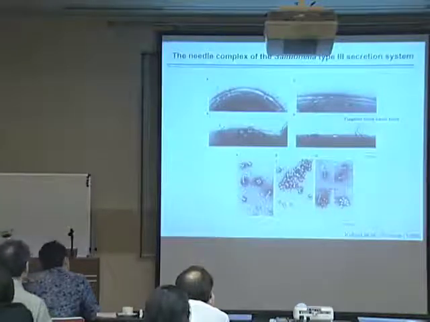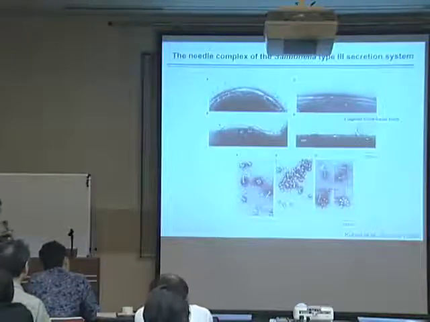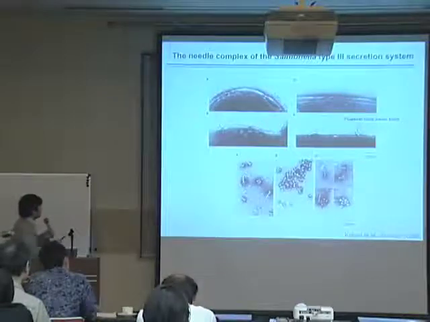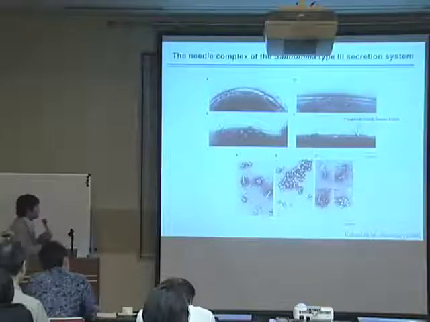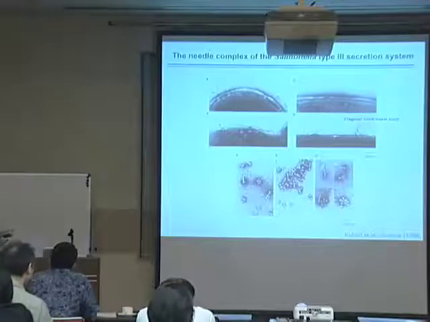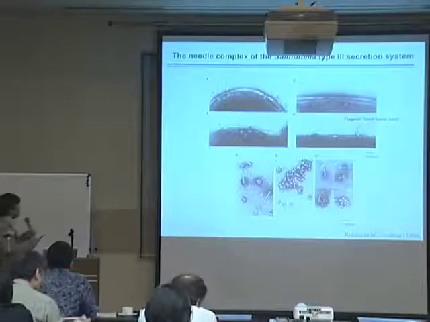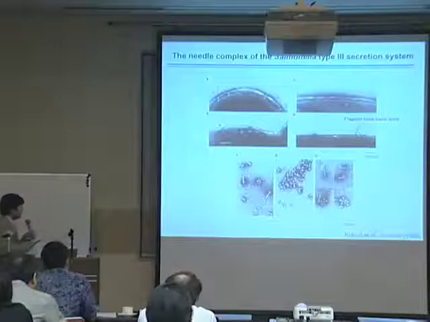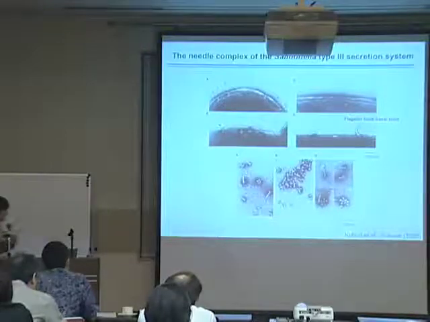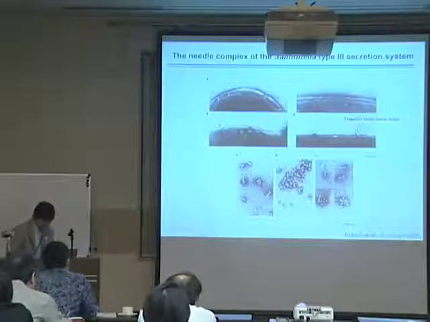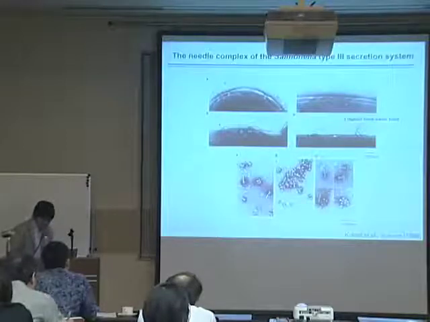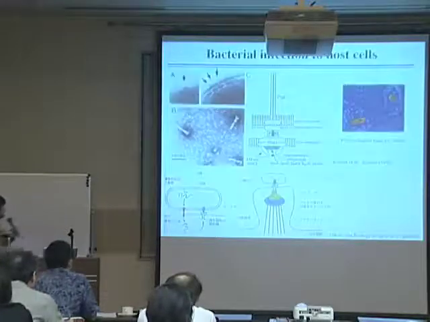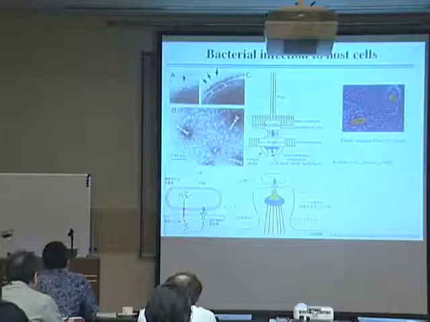On the cell surface we have the bacteria, but sometimes we can see something flagellum-like. People thought that this was actually a flagellum under construction, but it was not true. That was proved by Dr. Kubori and Galán.